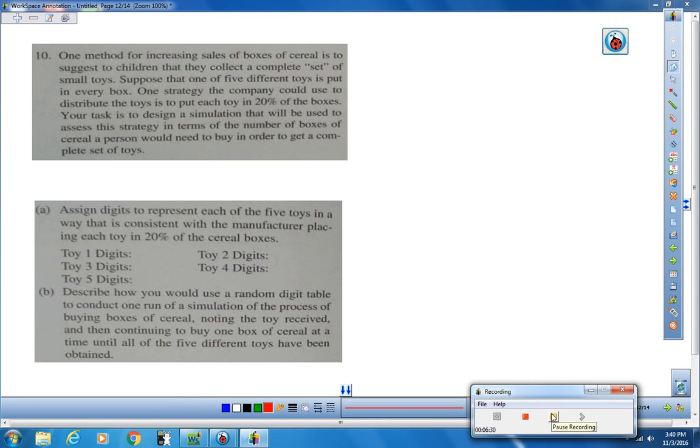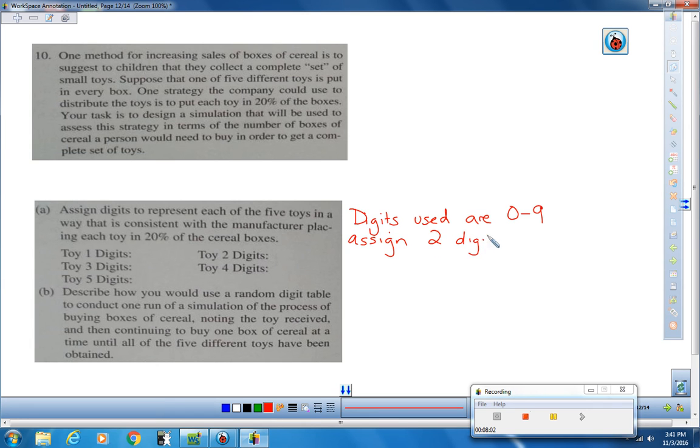But I think for me the easiest way is to use the actual digits 0 through 9, and I'm going to assign 2 digits to each toy. And that seems to be a lot easier.